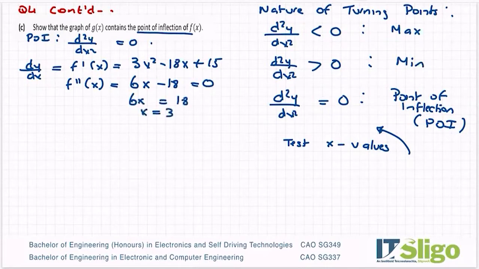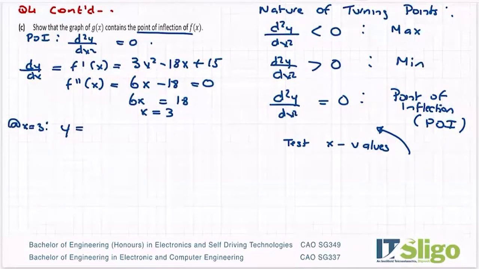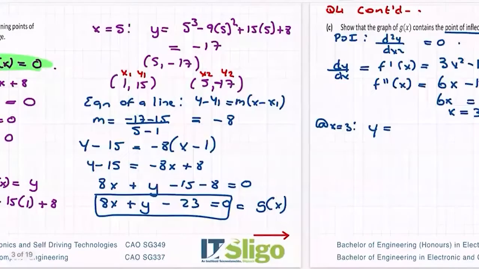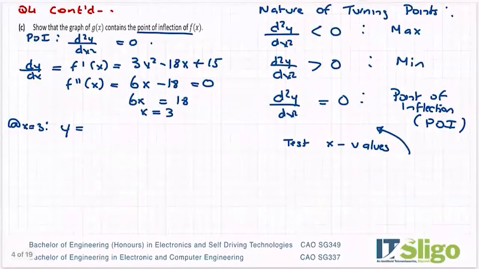Okay, so my x coordinate of my point of inflection is 3. Then at x equal to 3, let's find my y coordinate. And remember, to find any y coordinate, we sub into the original. So I'm going to sub into x cubed minus 9x squared plus 15x plus 8.